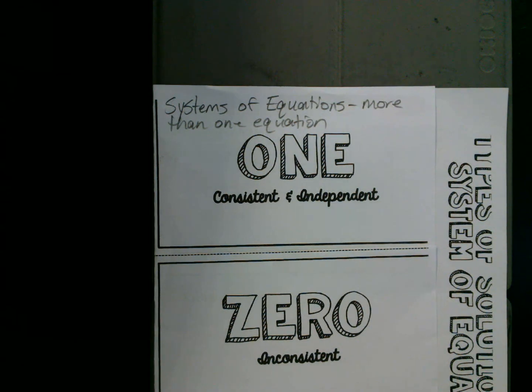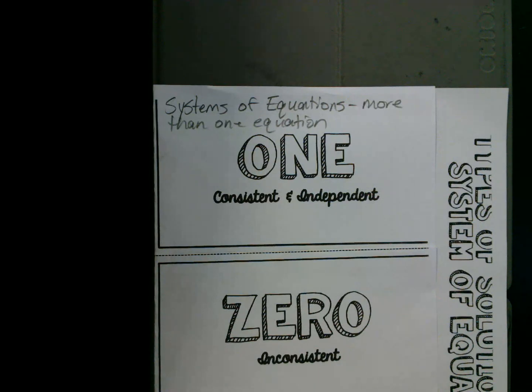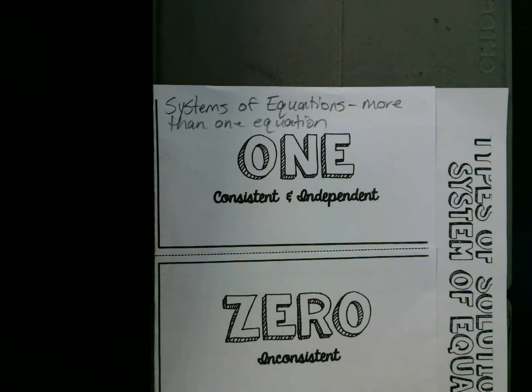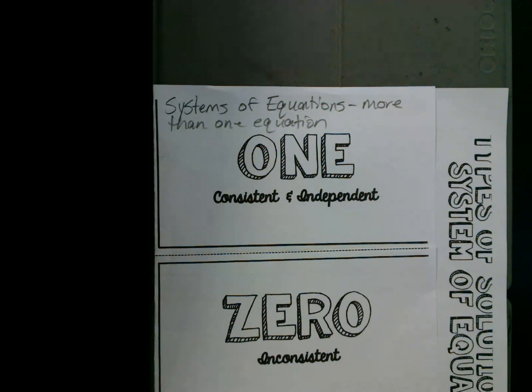Okay. All right. So, like a bus system is more than one bus. A school system is more than one school. Body system is more than one body part. A system of linear equations is more than one equation. Okay?